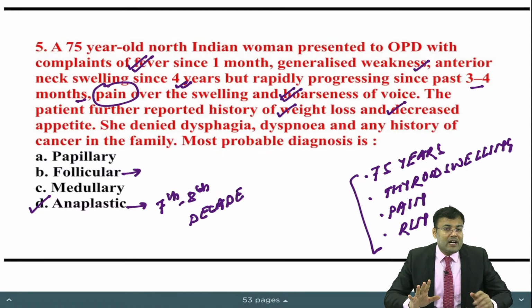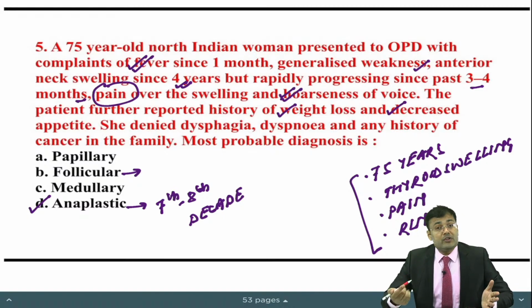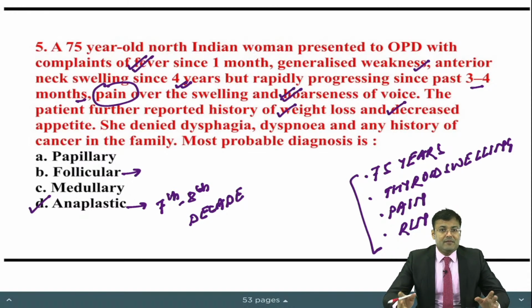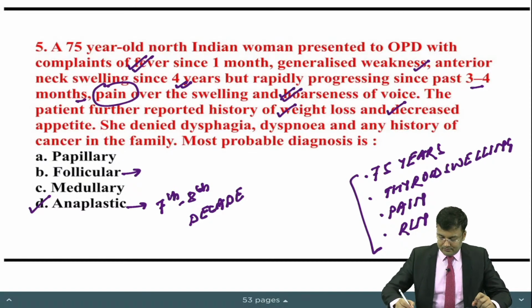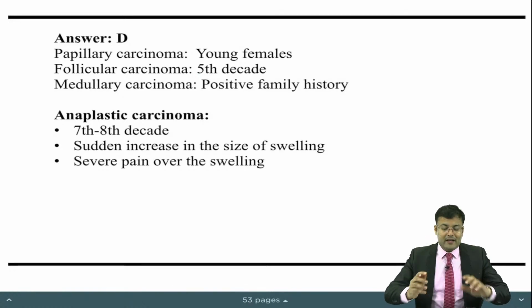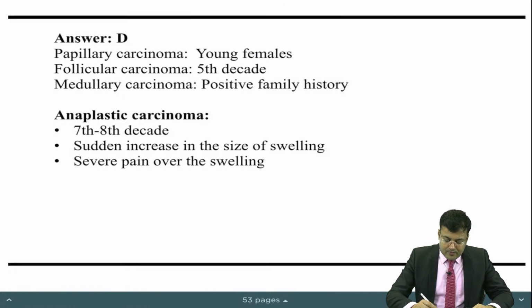But in follicular carcinoma, there is minimal pain over the swelling, there is no invasion of recurrent laryngeal nerve, trachea or esophagus, so there is no dyspnea, dysphagia or hoarseness of voice. Clear? And age is 50 to 60. So here what is the correct answer? This is D, that is anaplastic. Right? So you have to remember the age also.